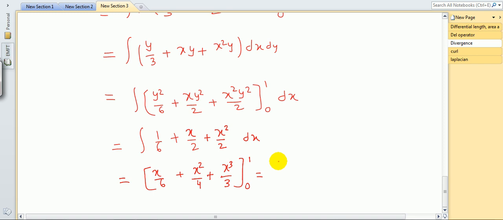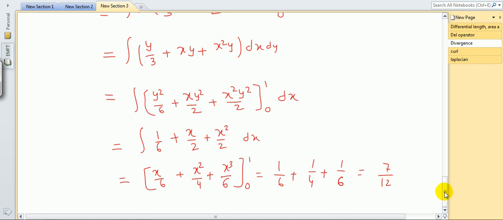So if I solve this, it will be 1 by 6 plus 1 by 4 plus 1 by 3, and I will get 7 by 12. A little mistake here, let me rectify it. Here I will integrate, so it will become x cube by 6, and this is also 6, and now it will come as 7 by 12.